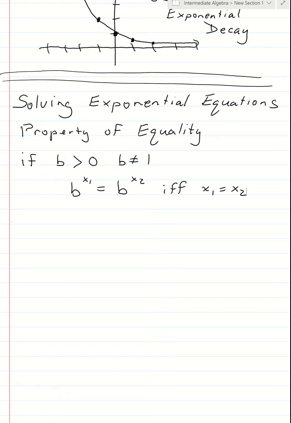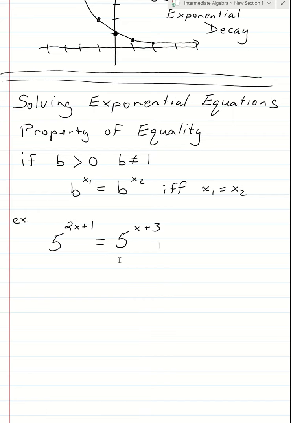For example, let's say we have 5 to the 2x plus 1 power is going to equal, let's say, 5 to the x plus 3 power. Now, here we have an exponential equation.